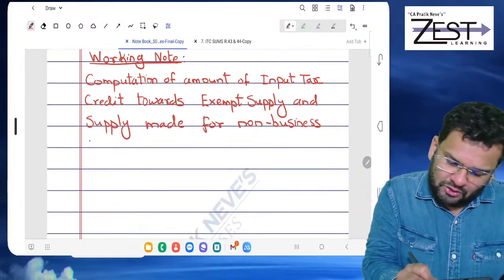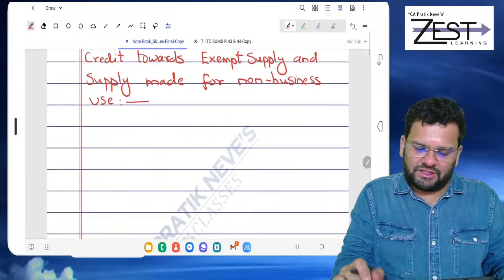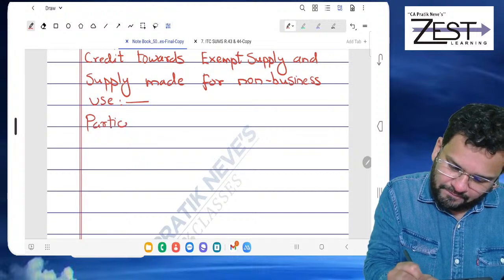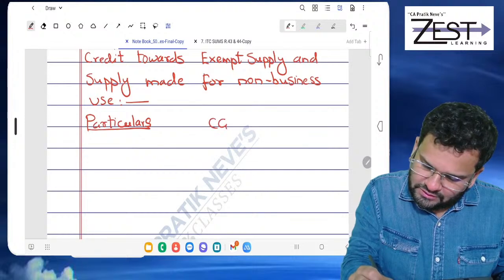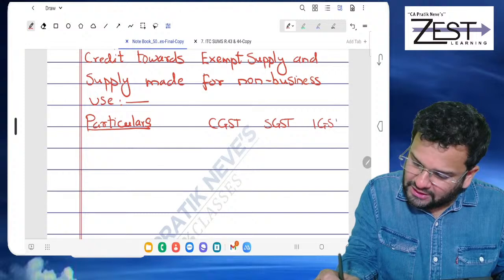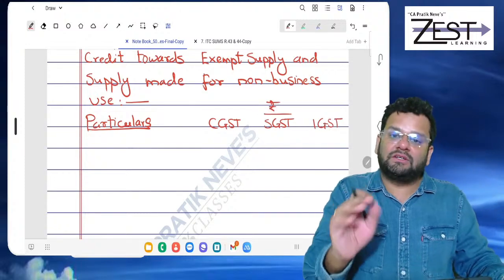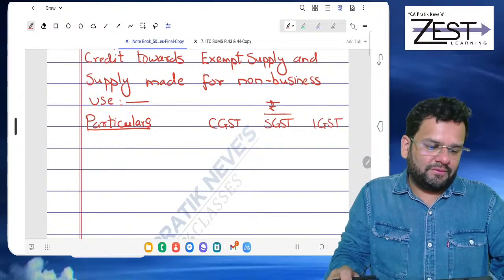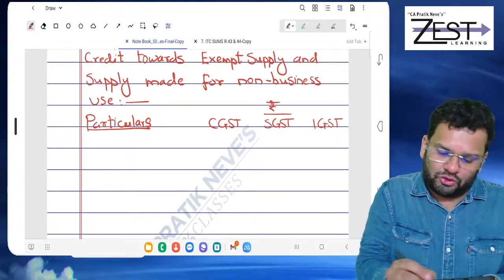Okay, so now what you will do, you will do particulars CGST, SGST, IGST. Have you done particulars CGST, SGST, IGST? Without fail, write figures in rupees. So first of all, start with aggregate value of exempted supply of goods.